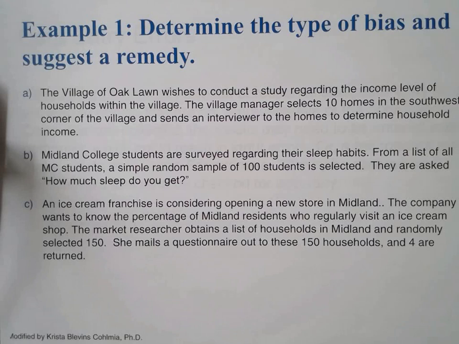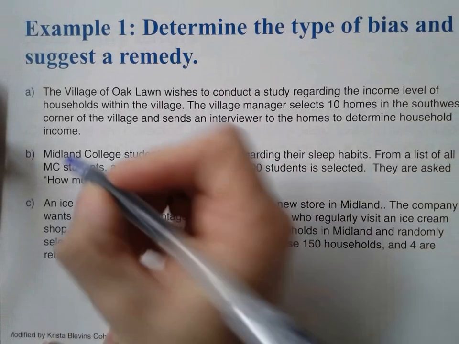What do you think? That is a sampling bias. Sampling bias is when you intentionally leave out a portion of the population as being a candidate to be in the sample.